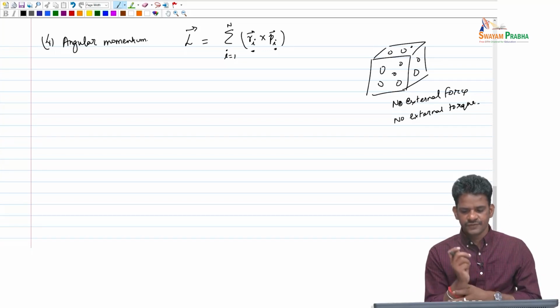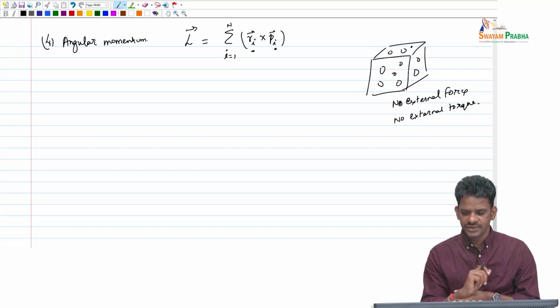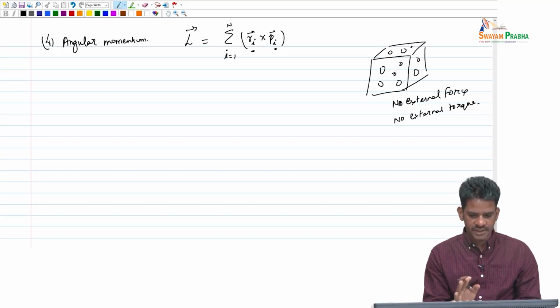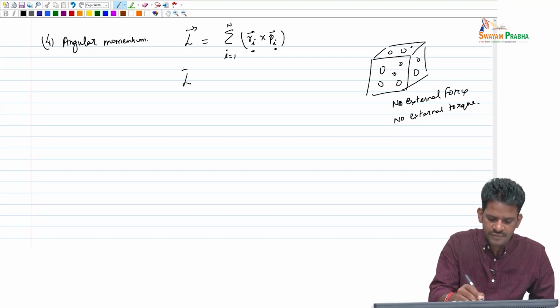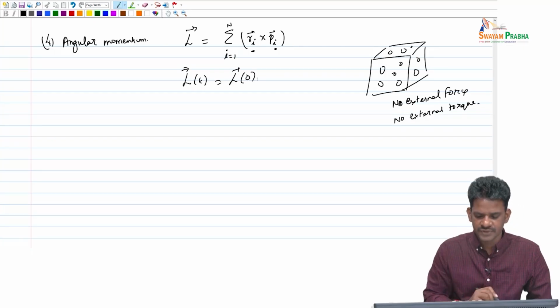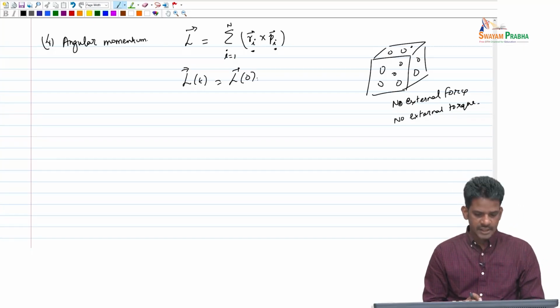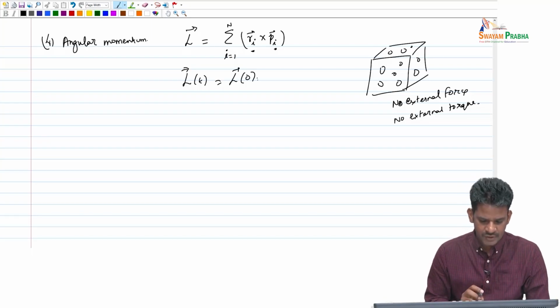Because there is no external torque, the angular momentum of the system remains constant, whatever is fixed at time t equal to 0. So L of t should be equal to L of 0 at all times. Now the question is whether the periodic boundary condition affects this angular momentum or not.